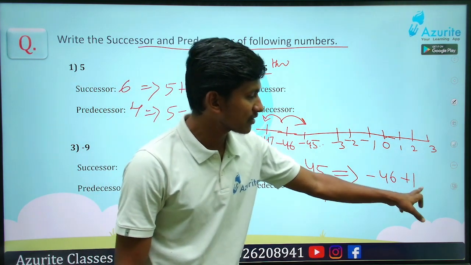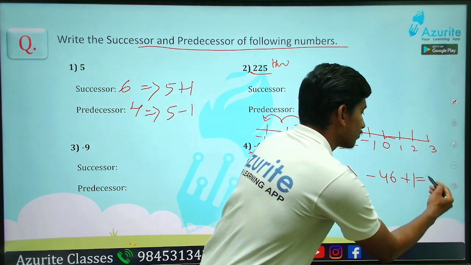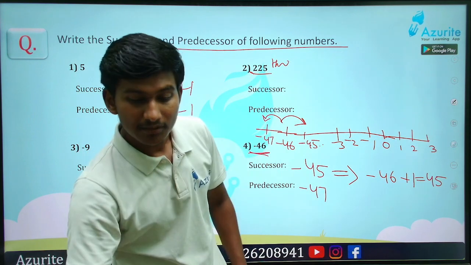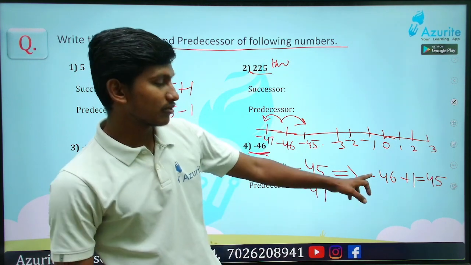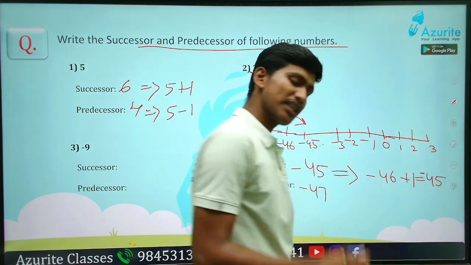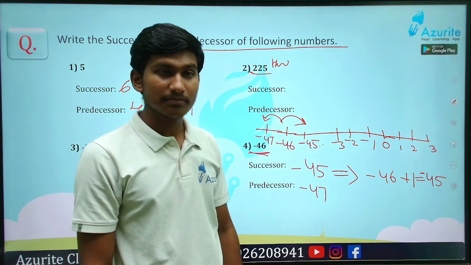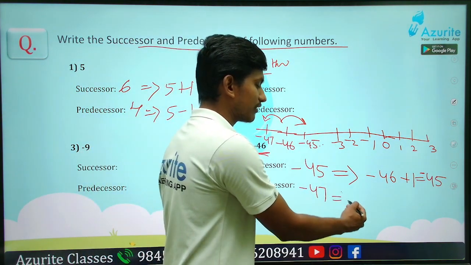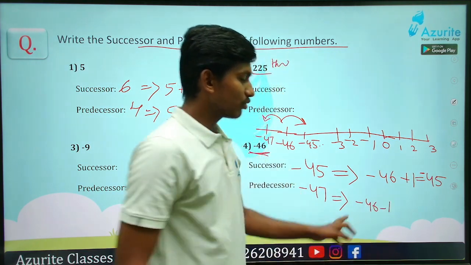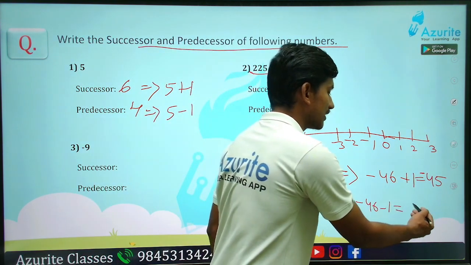So 46 minus 1, what will be the answer? 45. The bigger number is 45, and the sign is minus, so this is the answer. We will learn this in the addition and subtraction chapter, don't worry. Just remember this. Next, for minus 47, from minus 46, minus 1, both have the same sign. So what do we have to do? Add it. 46 plus 1 will be 47.